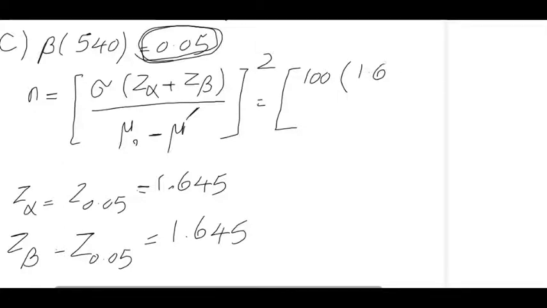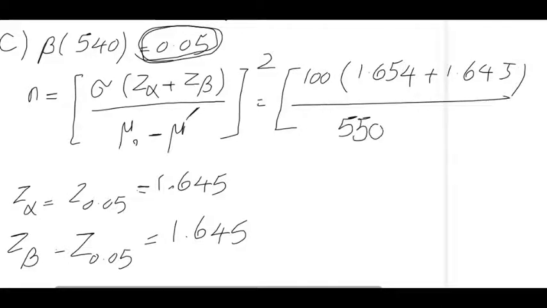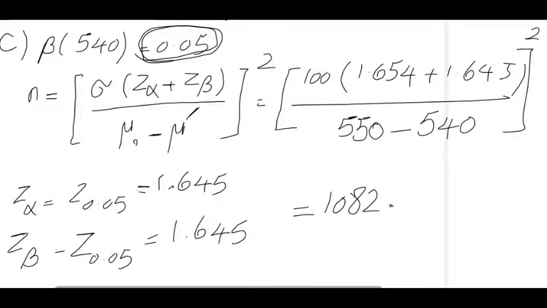So 1.645 plus 1.645 divided by 550 minus 540, power 2, and the result is 1082.41. It means approximately we need 1083 samples.